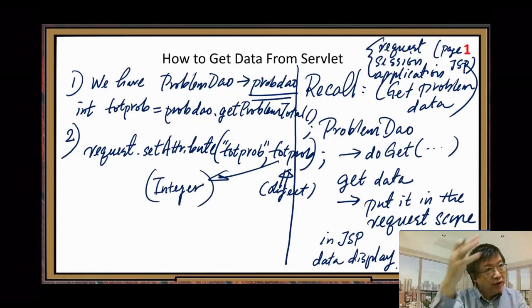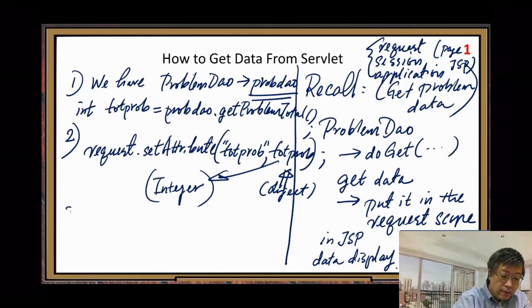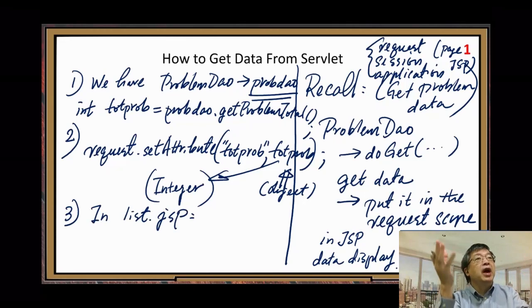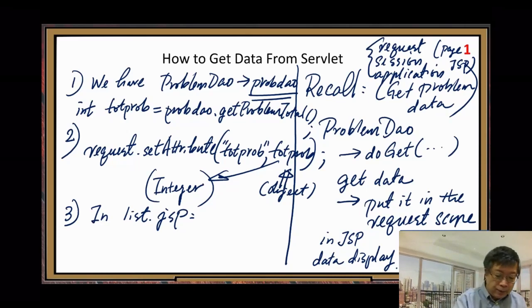Then the page flow goes to list.jsp. In step 3, in list.jsp, we need to retrieve the data and display it from the request scope. We did something similar before, so here we repeat it. Let us use a JSP expression, equals, then get the data.